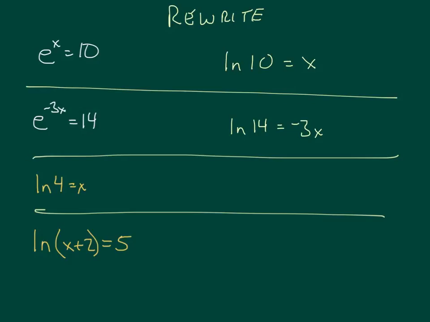The ln of 4 equals x. Remember, ln is the same as saying log base e, so e to the x is 4. Likewise, this last one, the ln of x plus 2 equals 5, would be e to the 5th equals x plus 2.